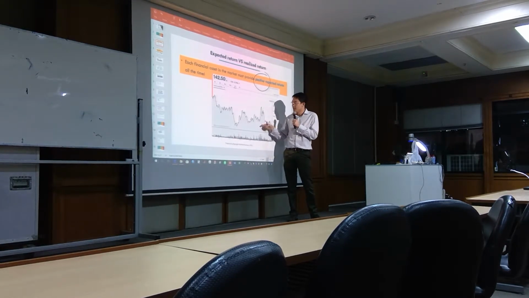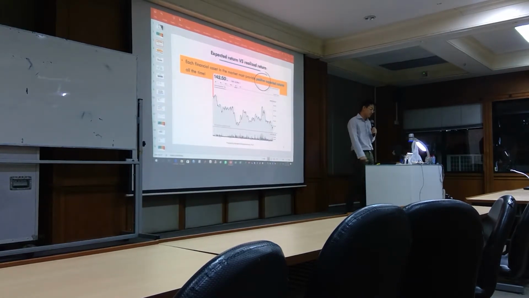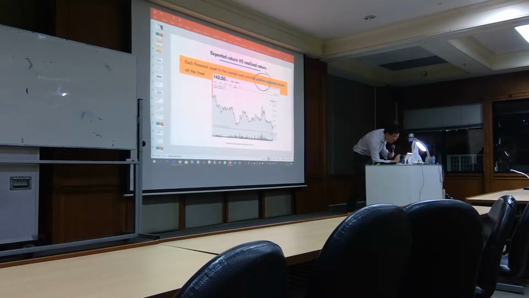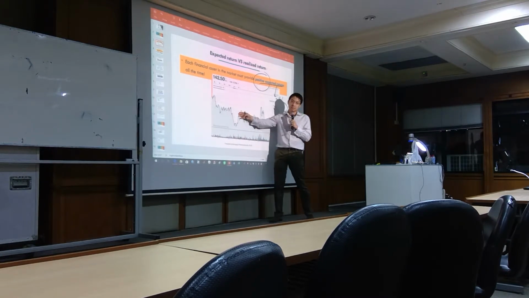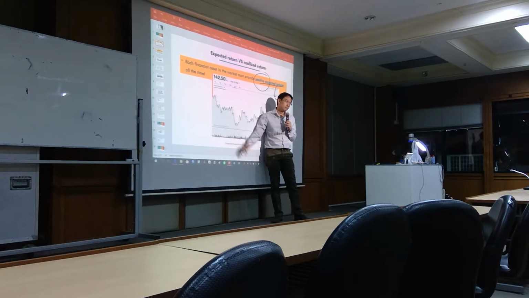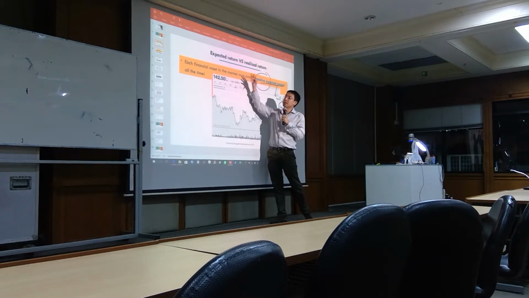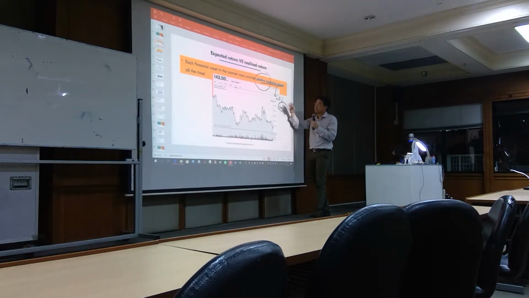Okay, the stock price drops. But when the stock price drops because of the new information, we may assume that the expected return will be constant. It will be constant every day. Let's say this stock investor expects to earn 10%.